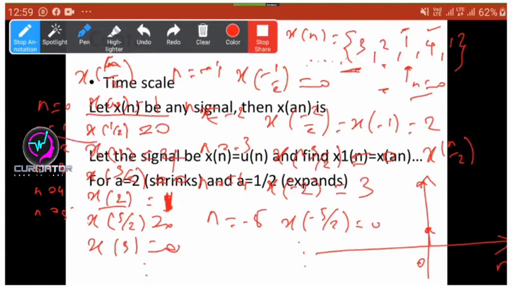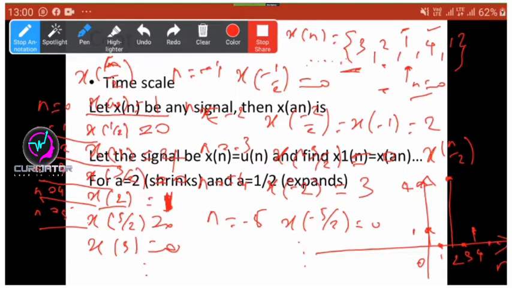Now n equal to 1 I got 0. n equal to 2 I got 4. n equal to 3 I have 0. n equal to 4 I got x of 2, that is equal to 1, 3, 4. And n equal to 5, 0 again, and after all this we will get zeros.